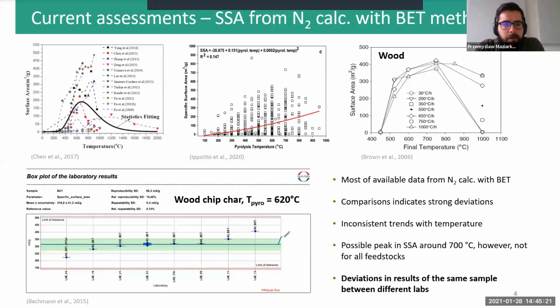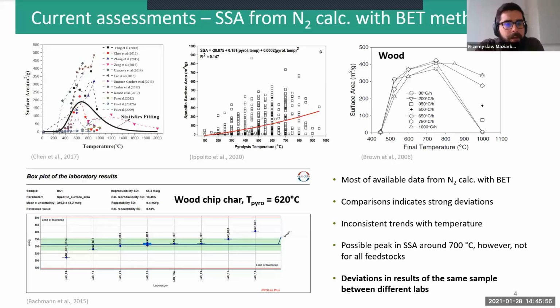There were several summaries of this property in the literature, and we can observe there that the trend with temperature is strongly inconsistent, and when we summarize the data, there are strong deviations between the researchers, which are possibly caused by the feedstock, but it seems like the general trend should be somewhat visible.